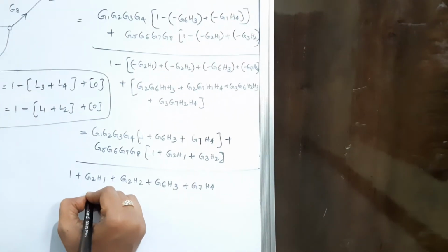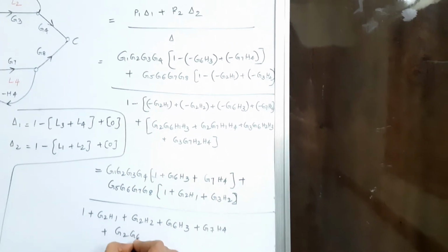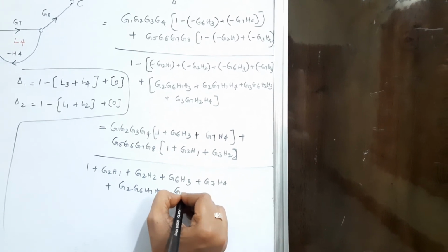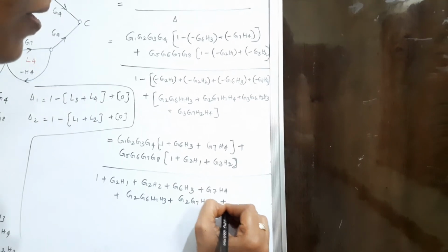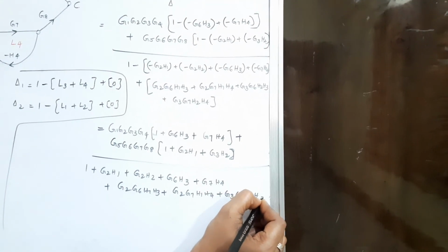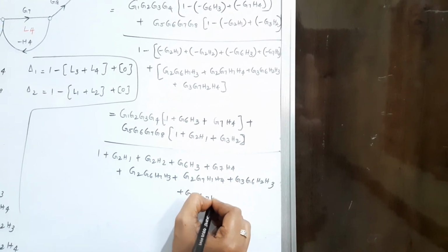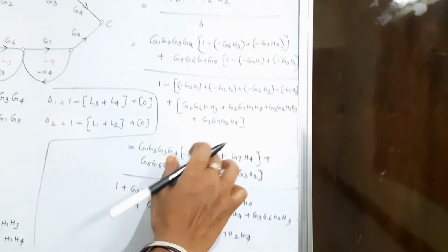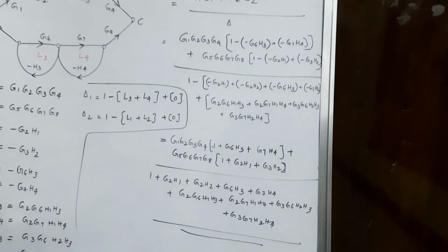Then plus G2, G6, H1, H3 plus G2, G7, H1, H4 plus G3, G6, H2, H3 plus G3, G7, H2, H4. Further, if you want, you can simplify this and keep the final answer like this.